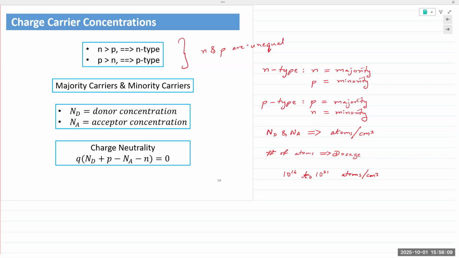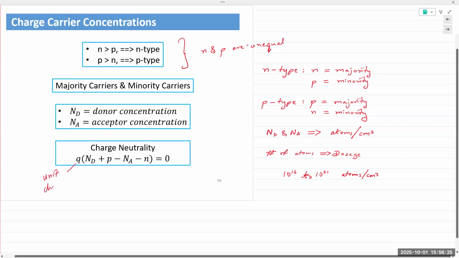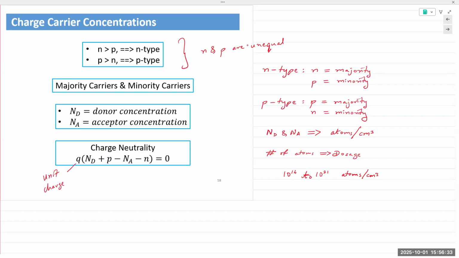Overall, if you have a device, it's governed by the charge neutrality equation, which is written right here. Q stands for unit charge. If you multiply the unit charge with the number of donor atoms, number of acceptor atoms, the total number of holes and the total number of electrons, any semiconductor or any doped semiconductor will always be charge neutral, turning out to be 0.